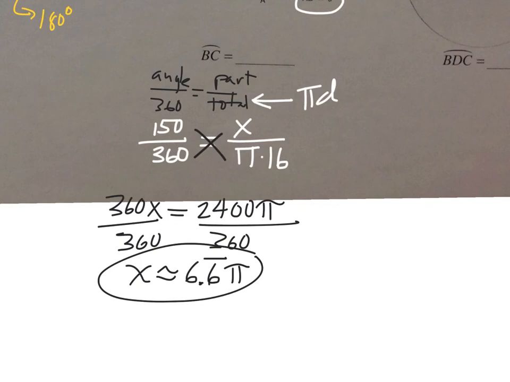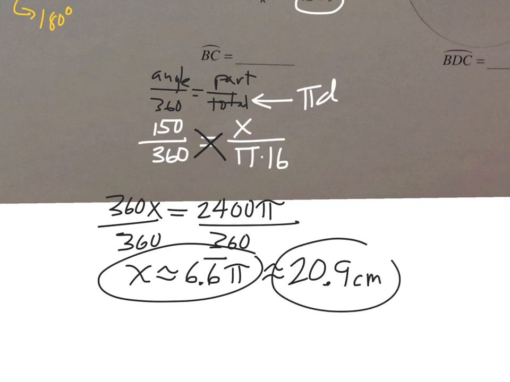So what you want to do is multiply those together and round it. So 6.6 repeating, 6.666666 times pi would be about 20.9 centimeters or whatever, however it's measured, for how long it is on the circle.